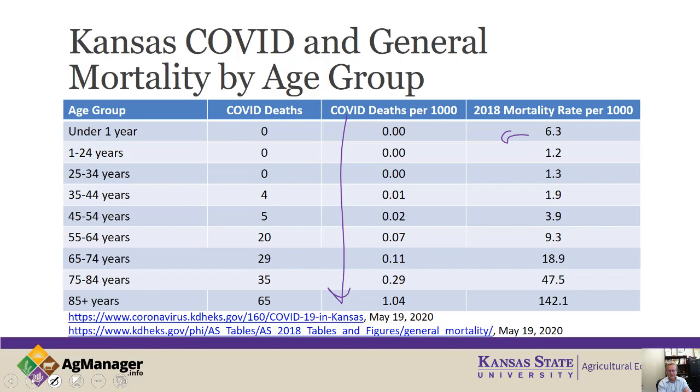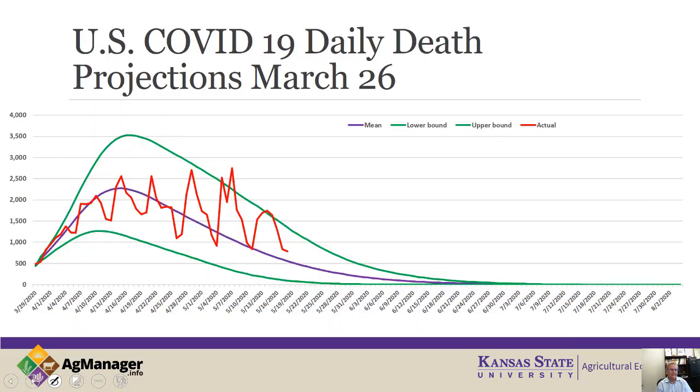And so even though the distribution follows the normal distribution, if you take 1 divided by 42 or 0.29 divided by 47, you can see that there's a lot of chances of death other than coronavirus. If you look at it per 1,000 people, if you're 85 years plus, there's a 1 out of 1,000 chance of dying, at least in the last 2 months, from COVID-19.